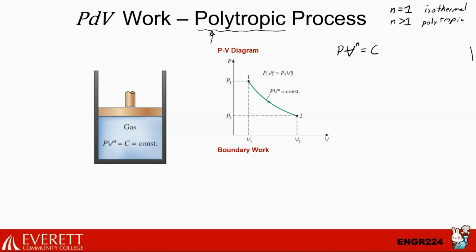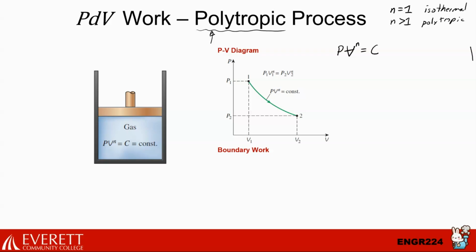When n is greater than 1, that's what we typically call the polytropic case. That's nice because it really tells us that we have one scenario that works between the two cases. Now, there's a little bit of a problem. The equation that we're going to derive assumes that the n is greater than 1. So if you do know you have an isothermal case, or an n of 1, just go right to that equation that we just had. Okay, so polytropic is kind of weird.